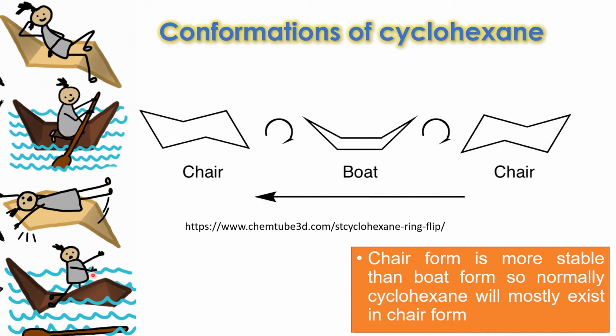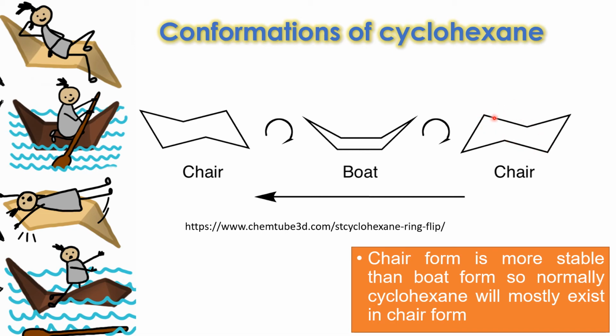There are many in-between conformations like half chair, twist boat, which take place during conversion of one chair to another chair form. So in this cyclohexane, rather than all 6 carbons in one plane, 4 carbon atoms, see this one, 2, 3 and 4, 4 carbon atoms lie in one plane.